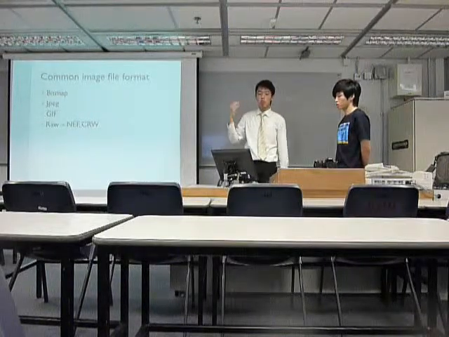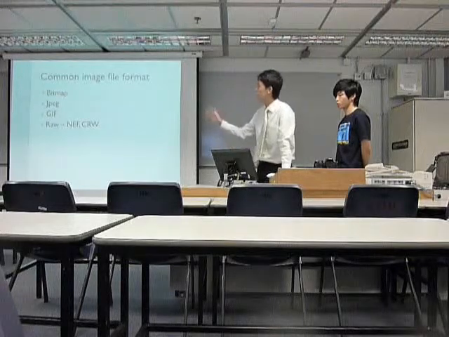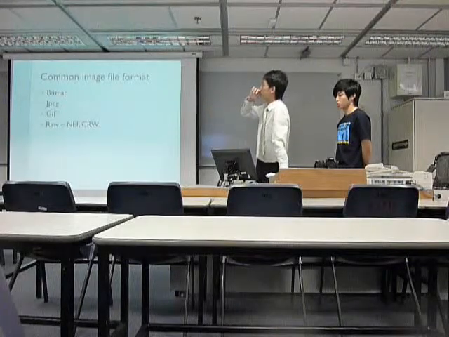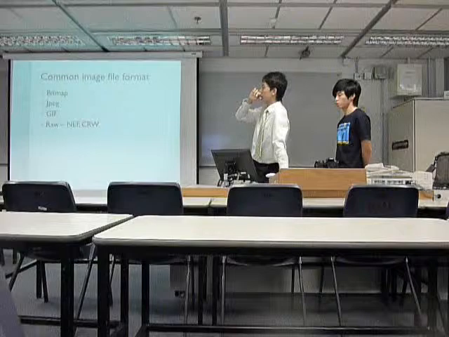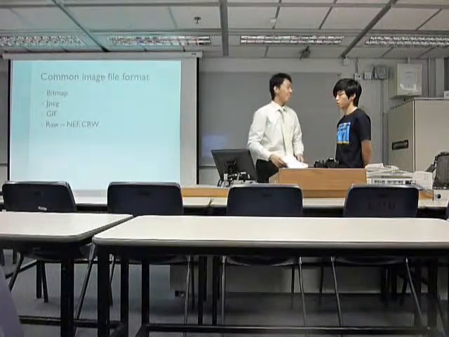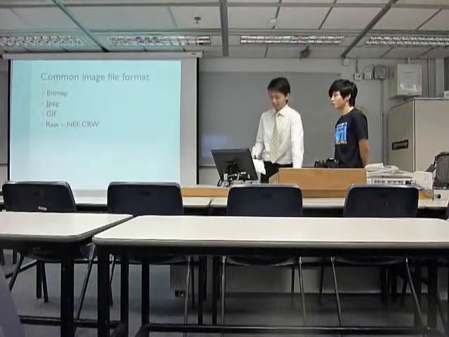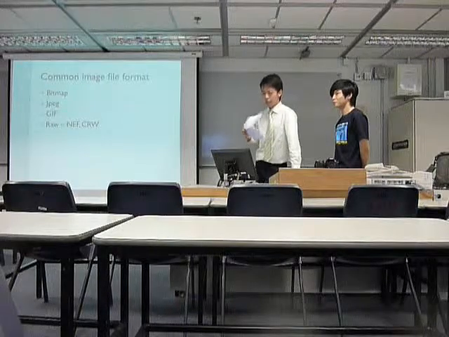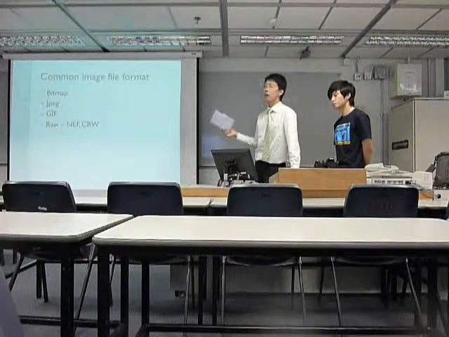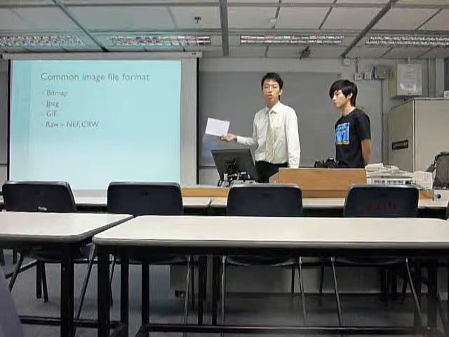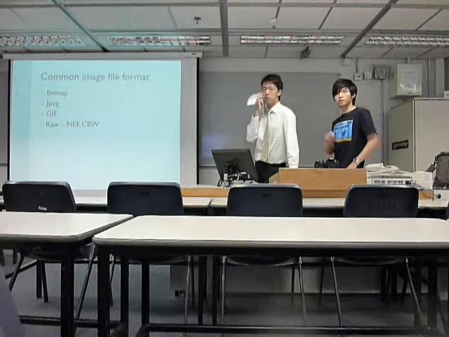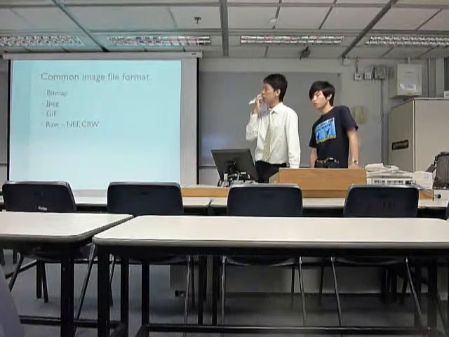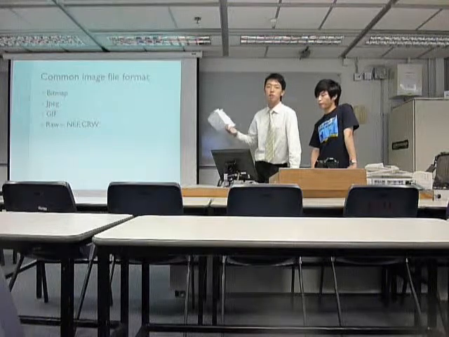It's not compressed, while JPEG is a compressed image, and we can adjust the compression ratio and the lossy compression, so we can adjust the ratio and transmit it to others.